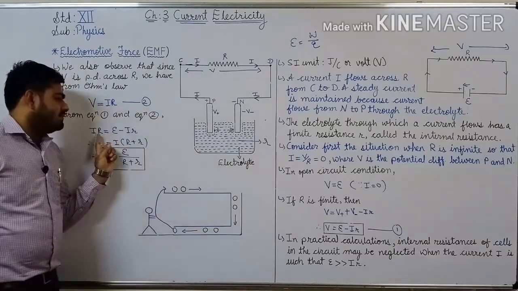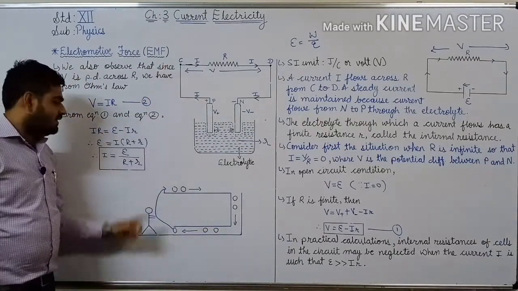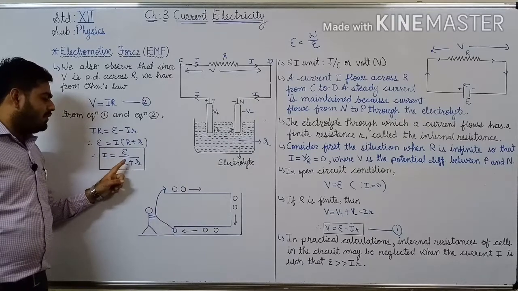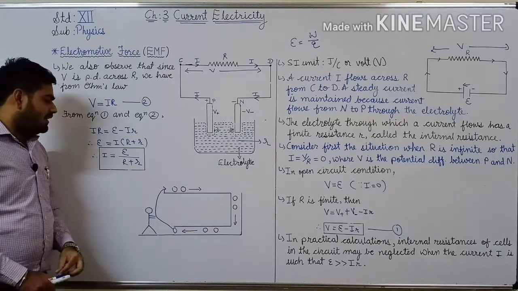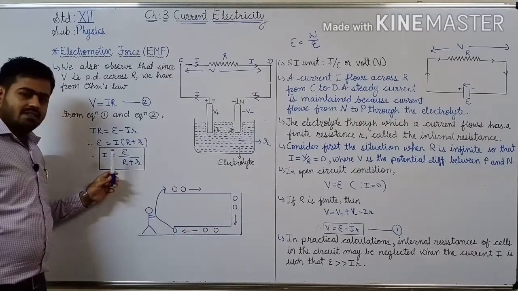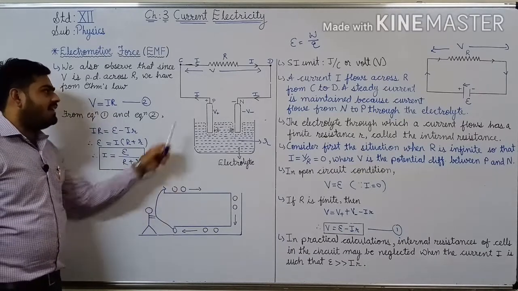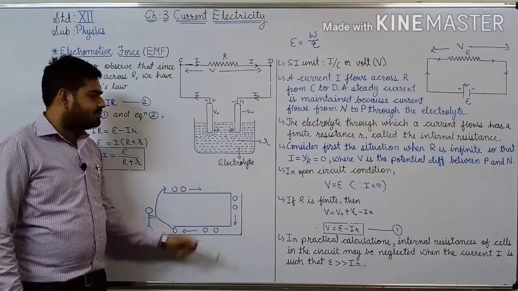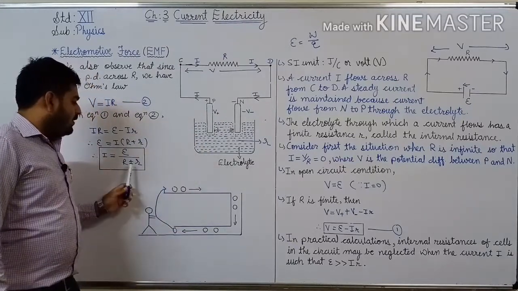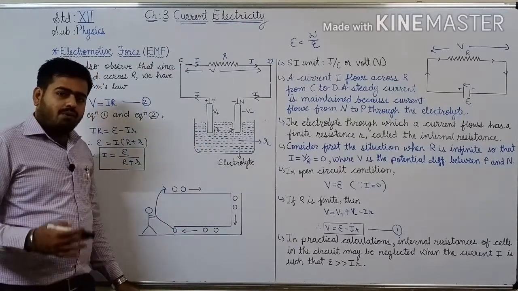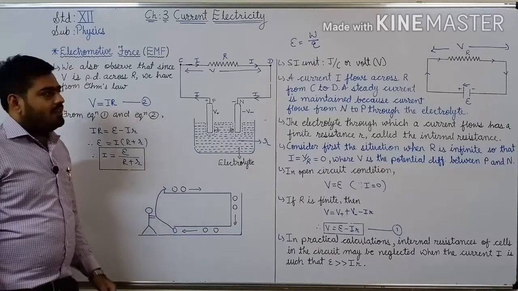Current flowing through the circuit is nothing but EMF E upon R plus r. Here r is called internal resistance, E is EMF, I is electric current, and R is external resistance. The value of internal resistance will be different for different cells.